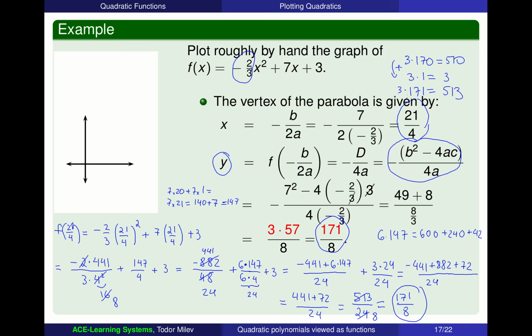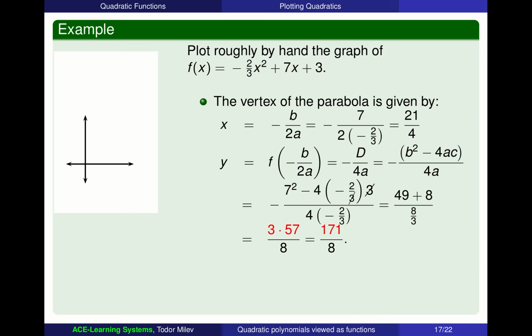Okay, so we saw that since the x coordinate of the vertex is 21/4, the y coordinate is 171/8. So that means that my vertex has this x coordinate and this y coordinate.